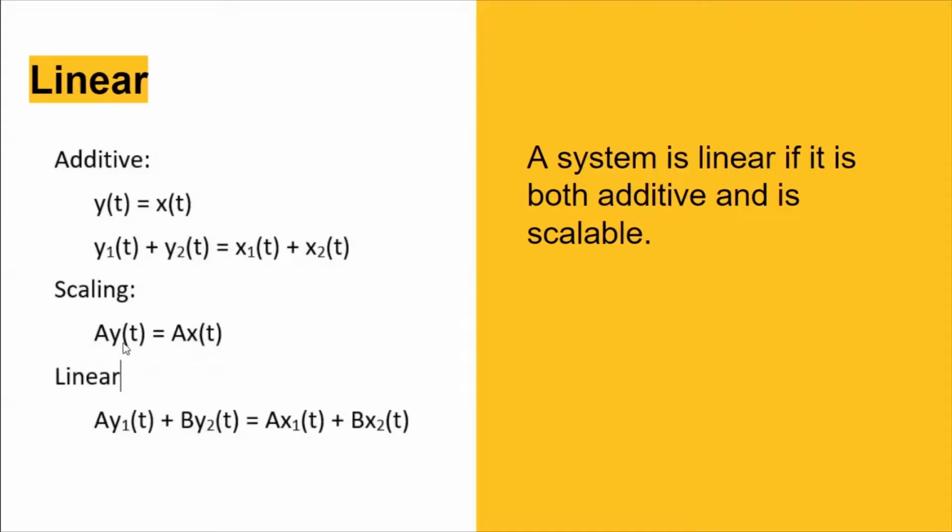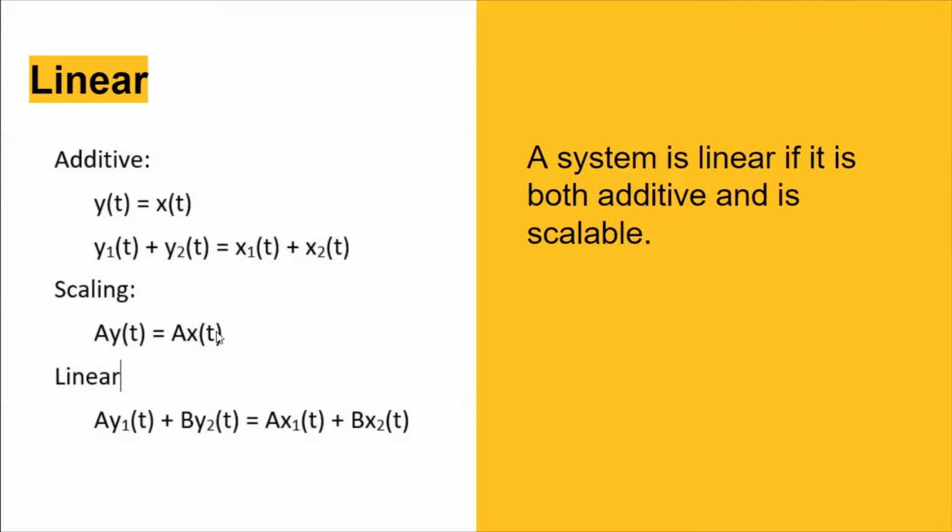For the second part, we have the rule of scaling. Basically, scaling is saying, if I take x of t and multiply it by a certain constant value, would the output be the same, just multiplied by that constant value?